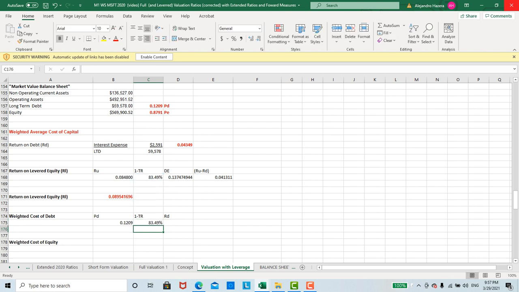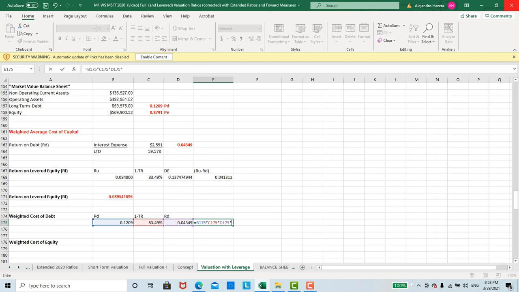And then the return on debt, we already calculated as that number there. So on a weighted average basis, it's just going to be the product of the percentage of debt times your tax effect times the return on debt.